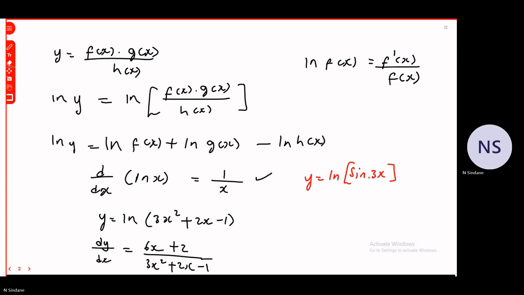Differentiating this, I'm going to get dy over dx equivalent to differentiating what's inside my bracket, which gives me 3 cos of 3x, divided by my original function, which is sine of 3x. This represents cot, the inverse of tan. So 3 cot of 3x is my dy over dx. Let's move to the next page.